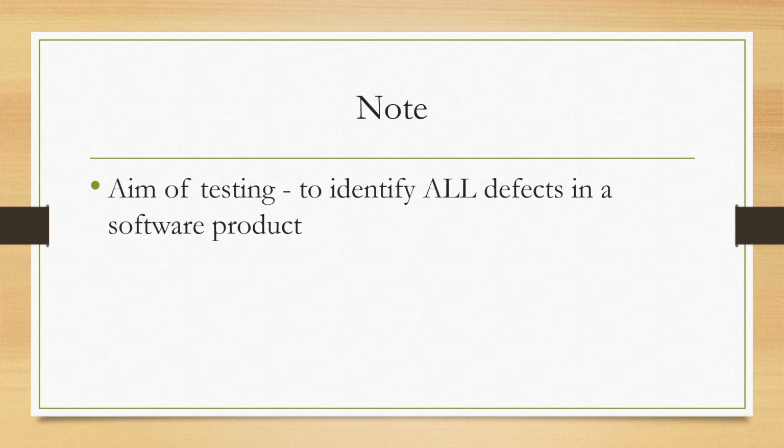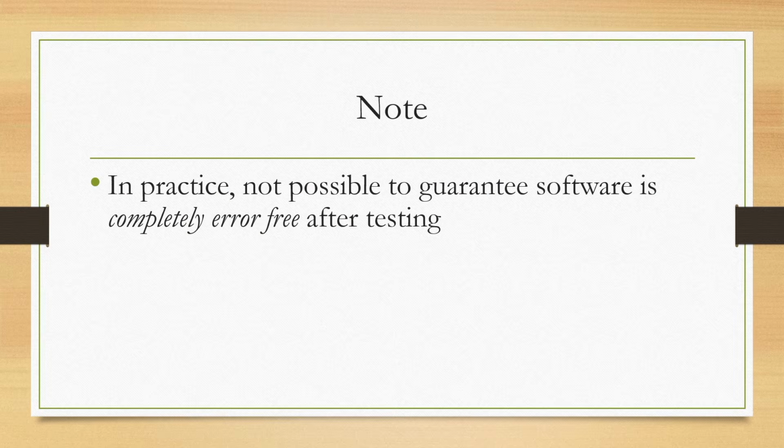So, what is the aim of testing? To identify all defects or problems in a software product. But is that feasible? Is that viable? In practice, it is generally not possible to guarantee that a software is completely error free after testing.